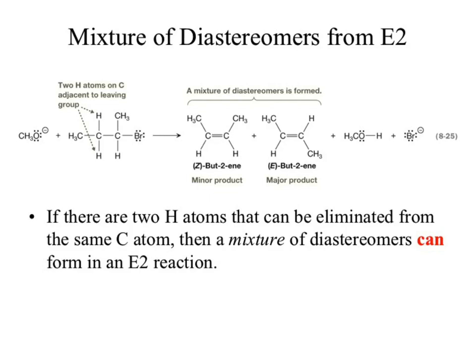Can I get mixtures? So here, I just said E2 only gets one product. Well, here, what is this showing? 2 products. So did I just lie on the previous slide? No, I didn't lie. What is now different about this structure from the previous reaction? This has 2 potential hydrogens to remove.